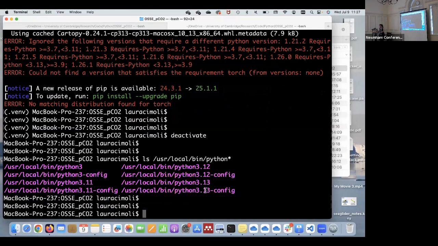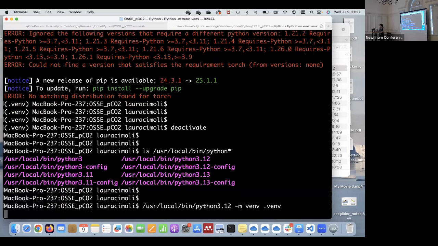So rather than using 3.13, when you set up your local environment, you want to specify the version of Python. In this case, I'm saying now use Python 3.12 in setting up the virtual environment. Does it make sense? You repeat the steps, just specifying the Python version.